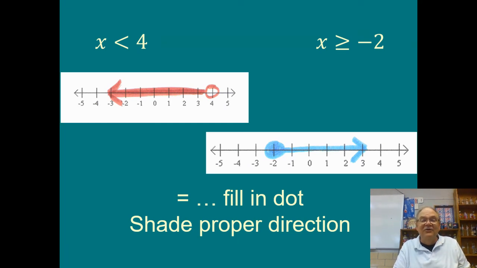The things that matter, of course, are that you use a circle if it's not equal to the number. You may fill in and use a solid dot if it is. And you, of course, also want to shade the correct direction, which way is less and which way is greater than a given number.